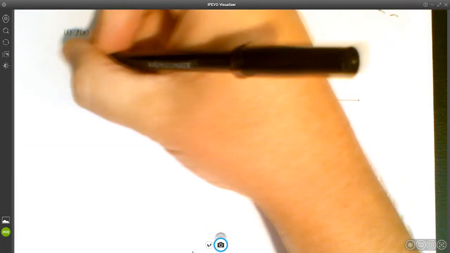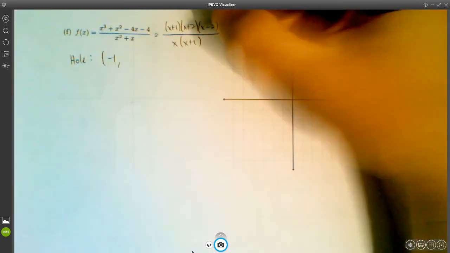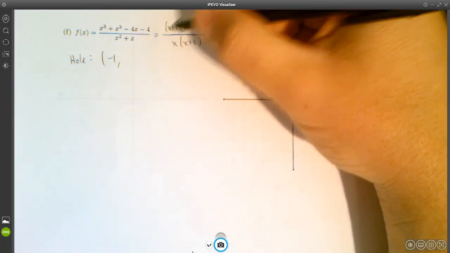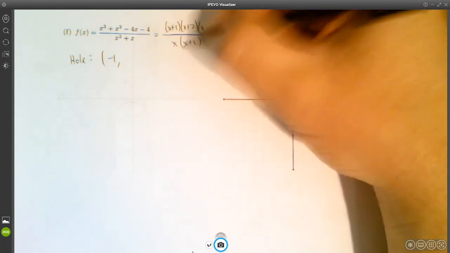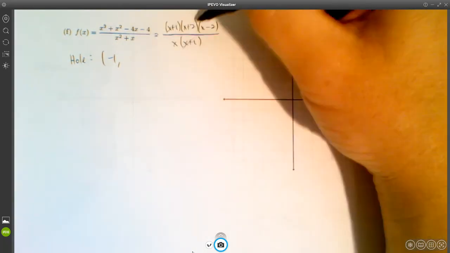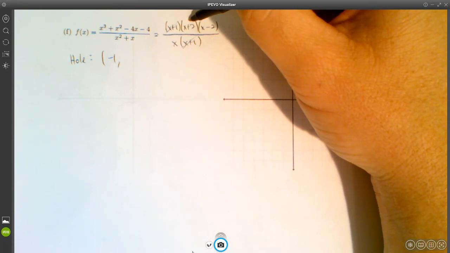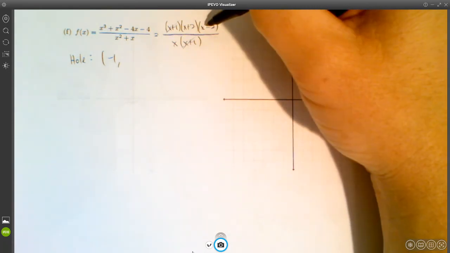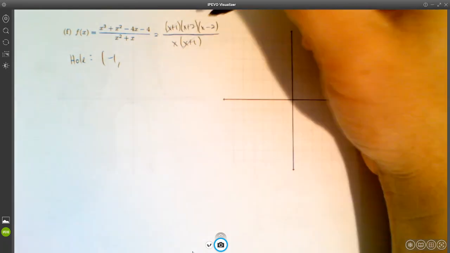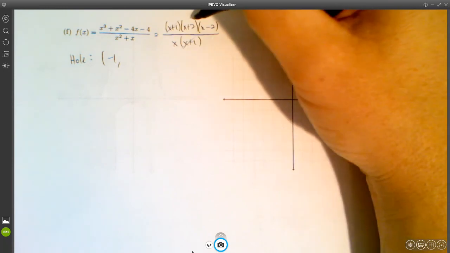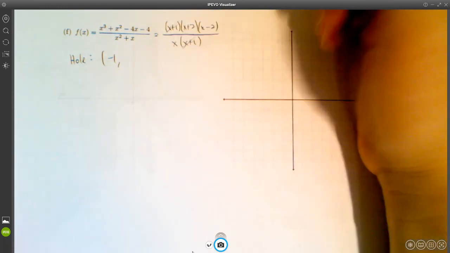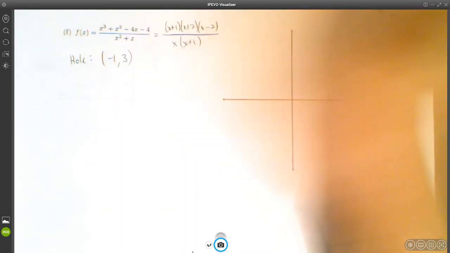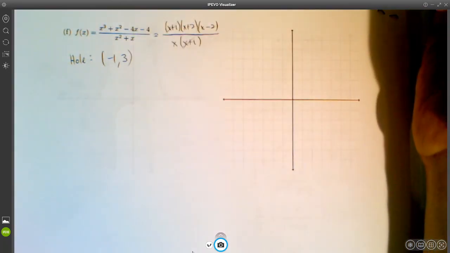We've got a hole at -1. If we were to cancel off that factor and plug in -1, we would get 1 times -3 over -1, which is +3. So we've got a hole at (-1, 3). Good.